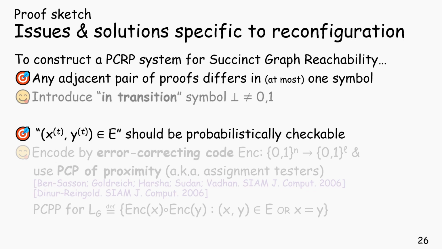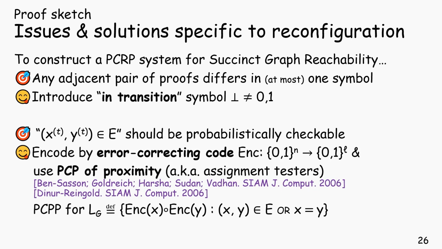We resolve the first issue by introducing the in-transition symbol, denoted bot. And we resolve the second issue by encoding a vertex pair by an error-correcting code and applying PCP of proximity, assignment testers. Specifically, we use a PCPP for the language LG consisting of the encoding of all edges of graph G.